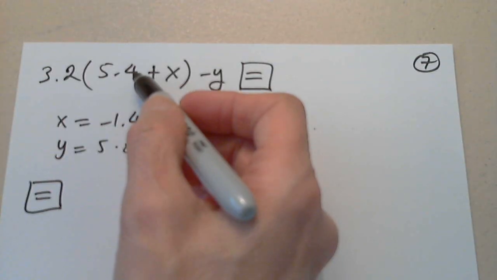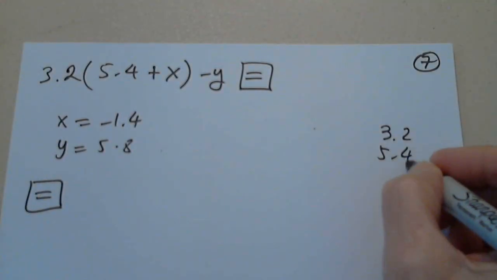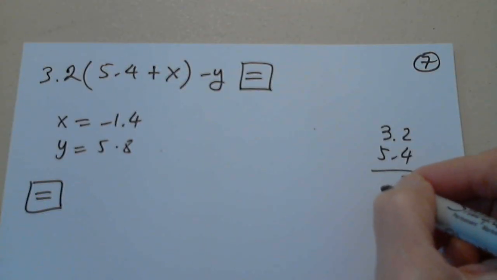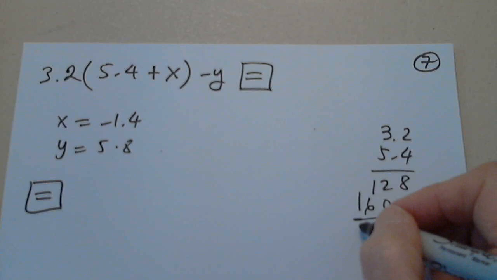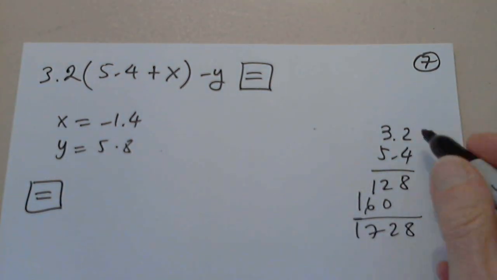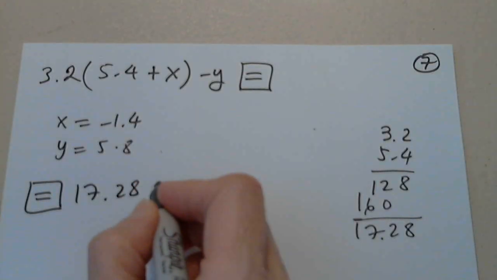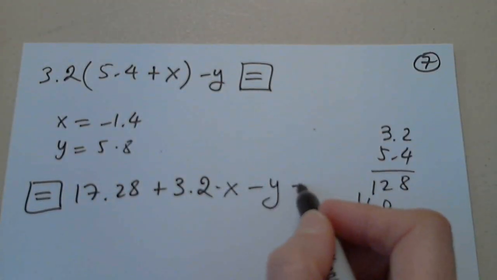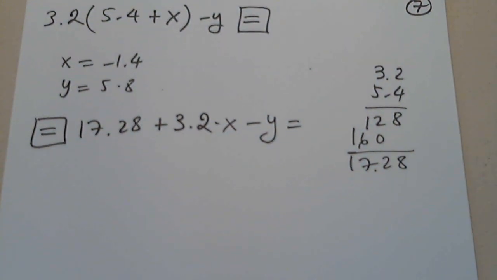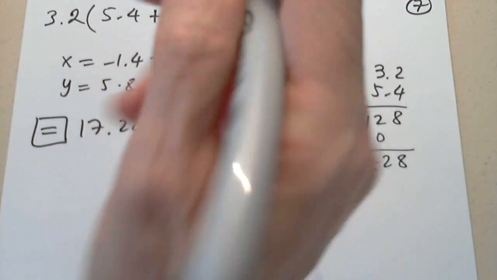3.2 times 5.4. Okay. 3.2, 5.4, 8 and 12, 16. So 1728, two decimal digits, 17.28 plus 3.2 times x and minus y. Another option would have been to just substitute and then deal with it.